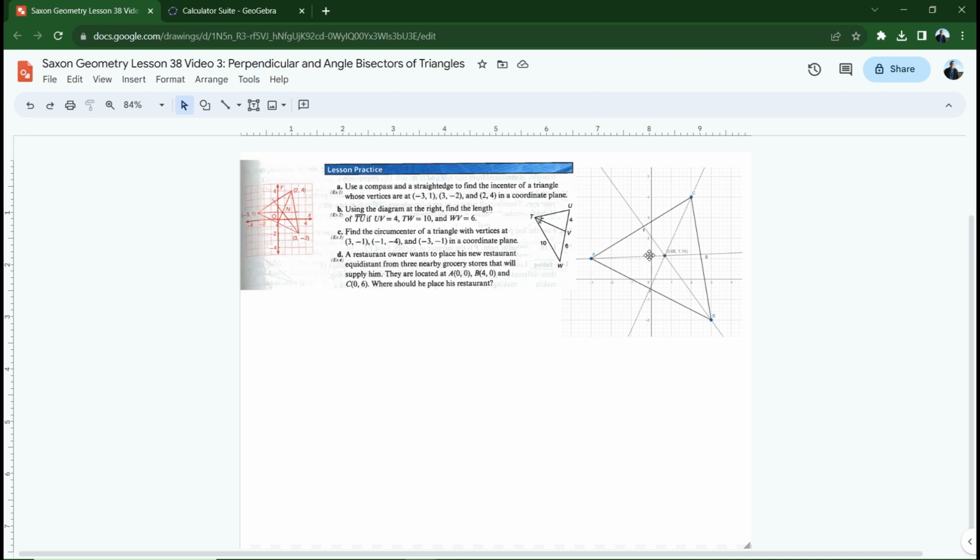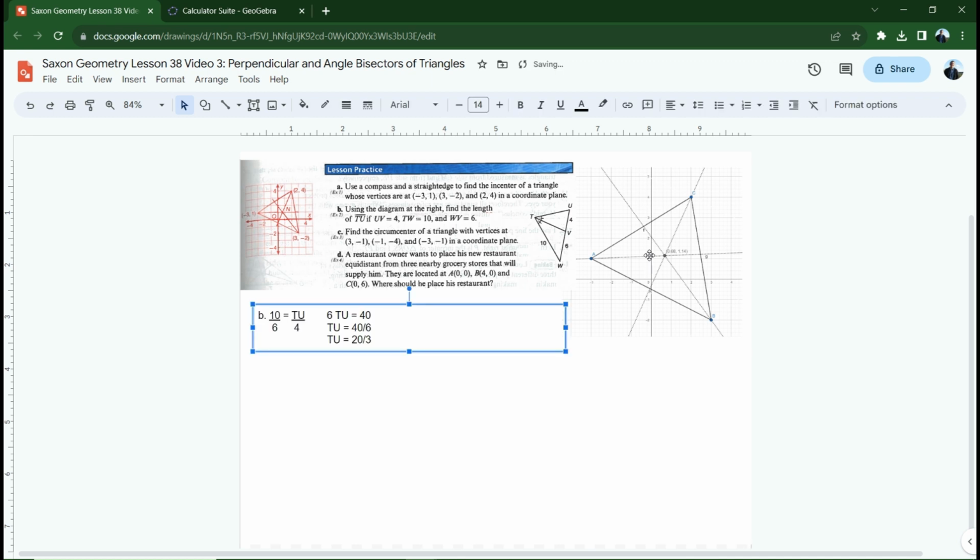Letter B, this one is the most straightforward question in the whole lesson because this one just uses Theorem 38.1, which is really simple. All we have to do is set up a proportion, and our proportion is going to be 10, this side, compares to the side in the same triangle, 6. So I'm going to say the long side, the hypotenuse, kind of, but it's not a hypotenuse because it's not a right triangle.